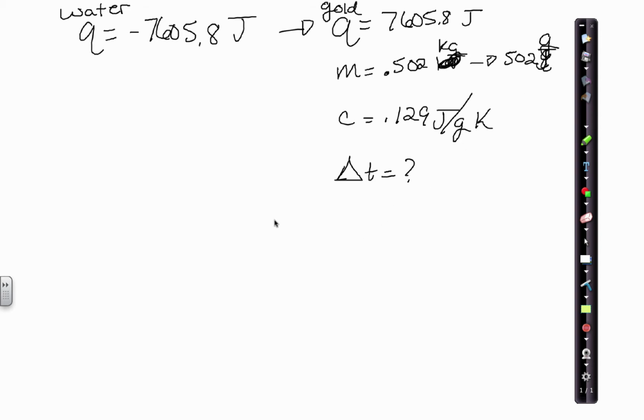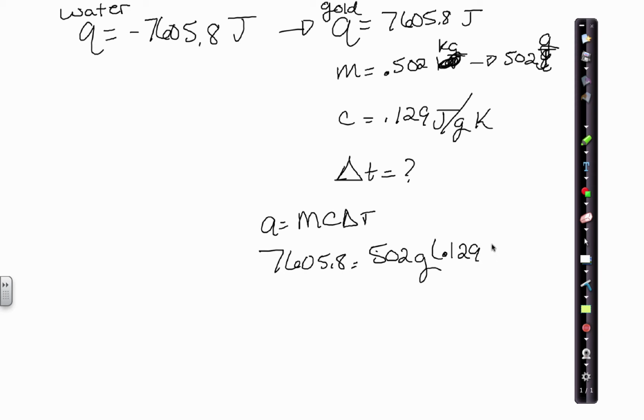So now we can just simply plug it into Q equals mcΔT. All right, so Q is this, 7,605.8. Mass is 502 grams. Specific heat is 0.129.